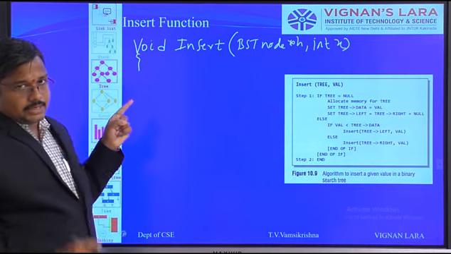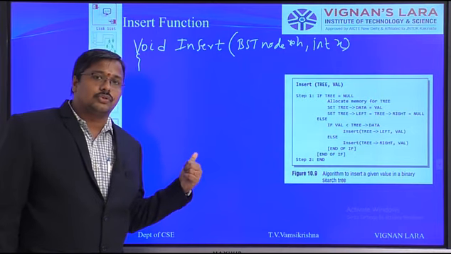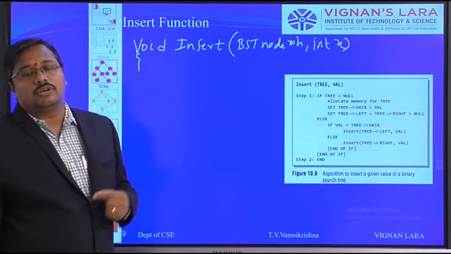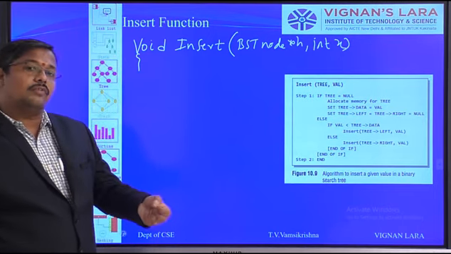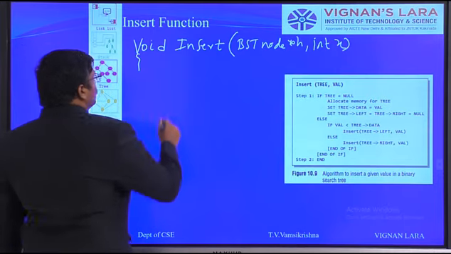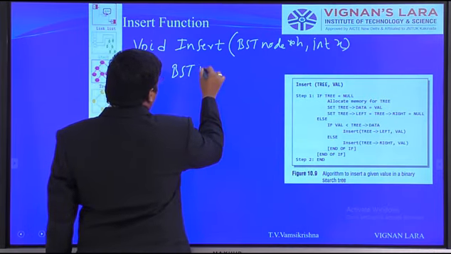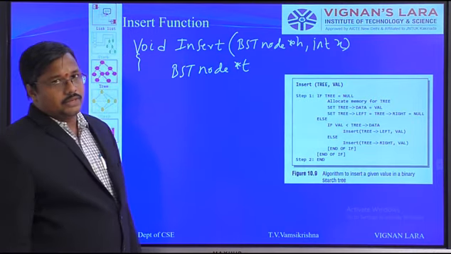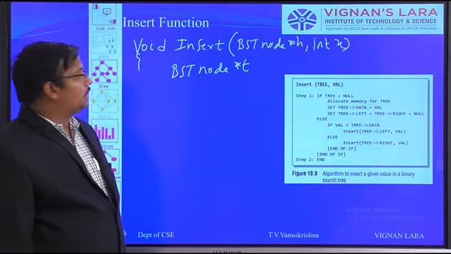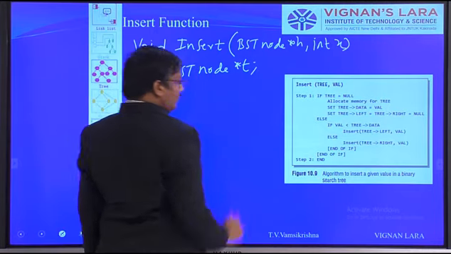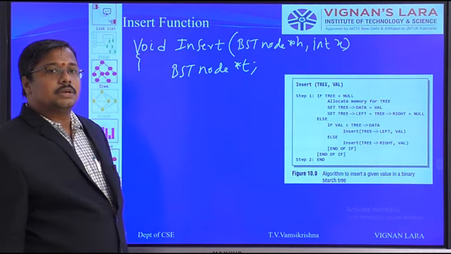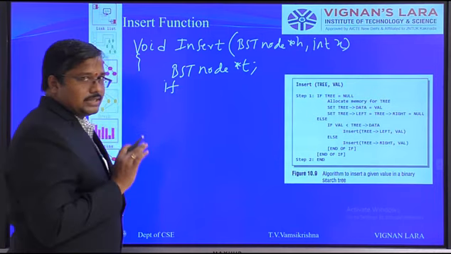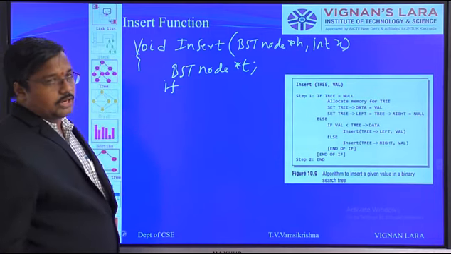Whenever we want to insert an element into the binary search tree, first we need to create a node. The node is a BST kind of node, so BST node star T, a temporary pointer. I am not allocating the memory here; I am just invoking the create function, which takes care of the entire thing.